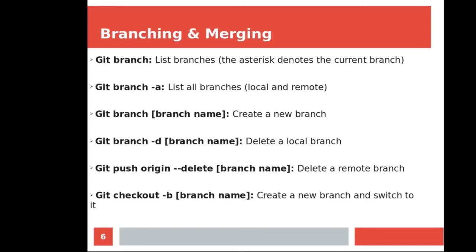Git branch will list all the branches, and it will denote the current one with an asterisk. If it is denoted with an asterisk and the color green, then it is your current branch. Git branch dash a will show the list of all your branches, both local and remote.